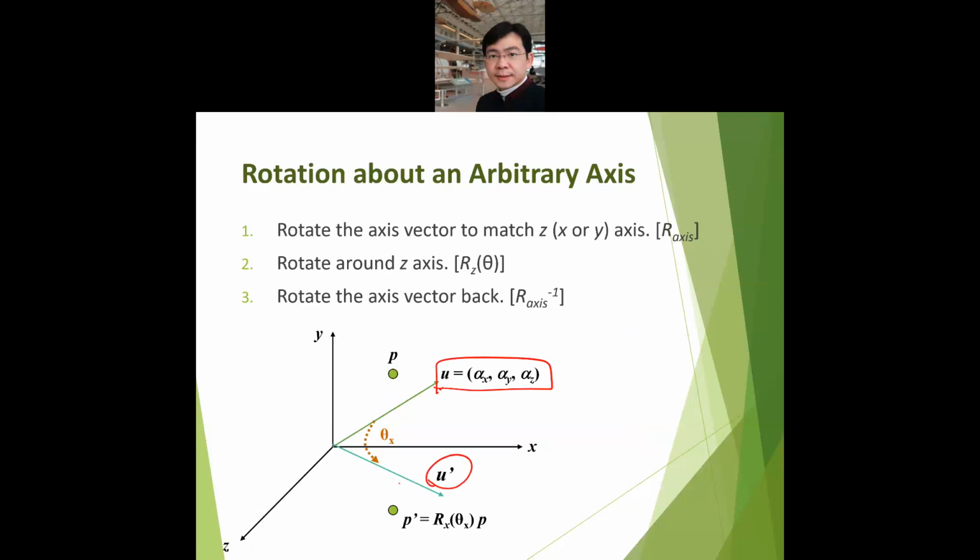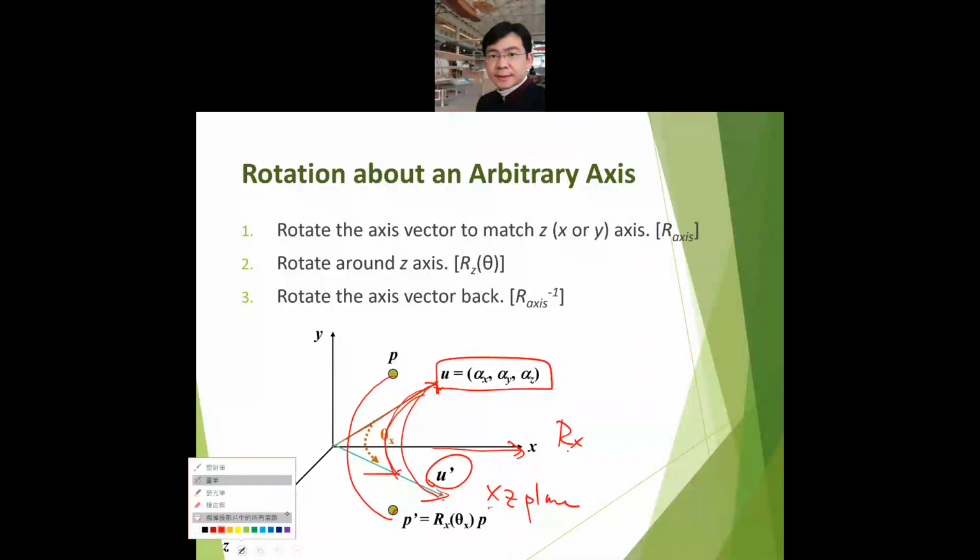The definition of u-prime is that we can rotate by some certain rx. With this rx, we can turn this axis onto the xz plane. So if we have a point here and apply the transformation rx, it will rotate to here because you rotate along the x-axis, right?